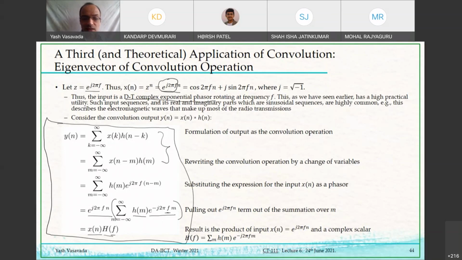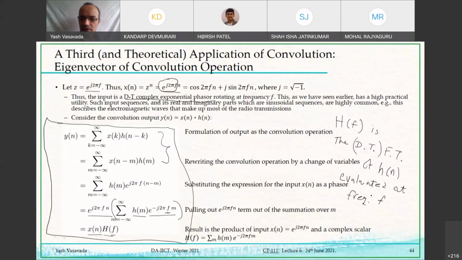So this h of f in the last term is, I would say, the discrete time Fourier transform of h of n, because there is a continuous time version of it also, evaluated at frequency f, where f is a variable. I can make f to be negative 100, negative 5, negative 0.1, plus 3, and so on.